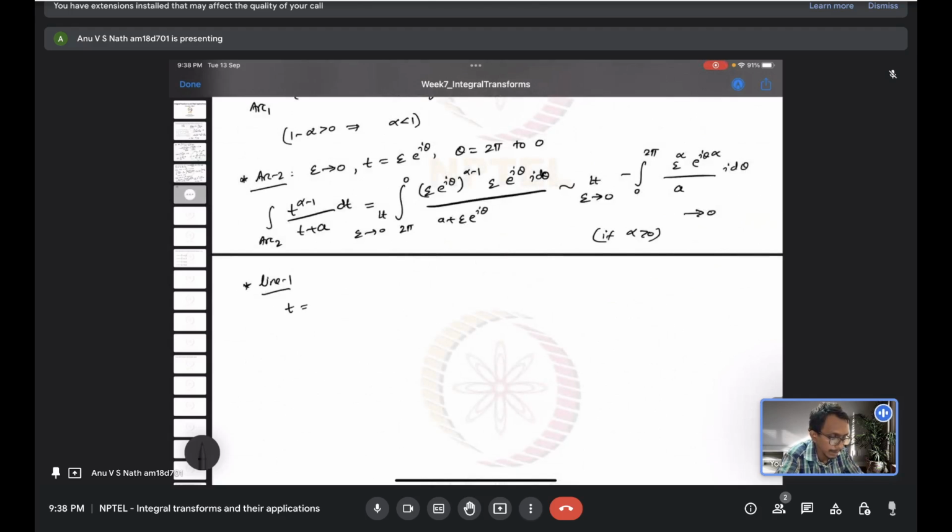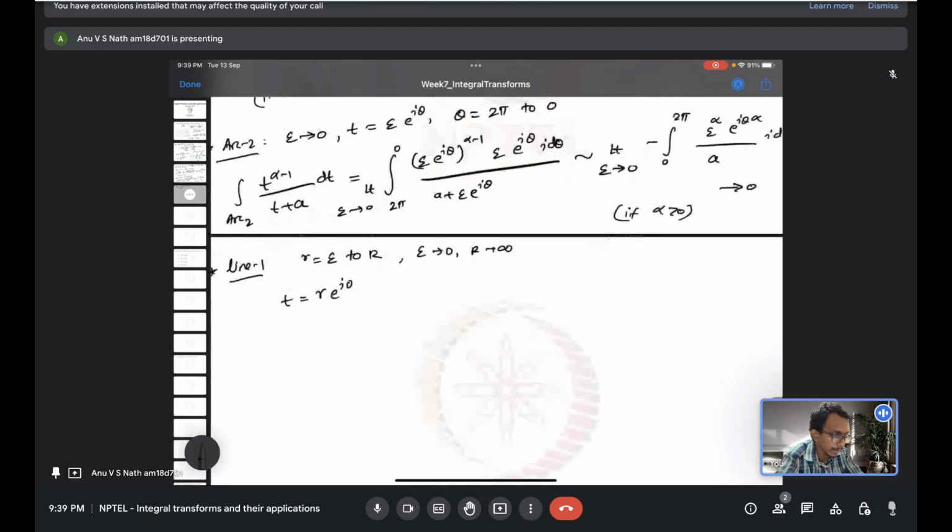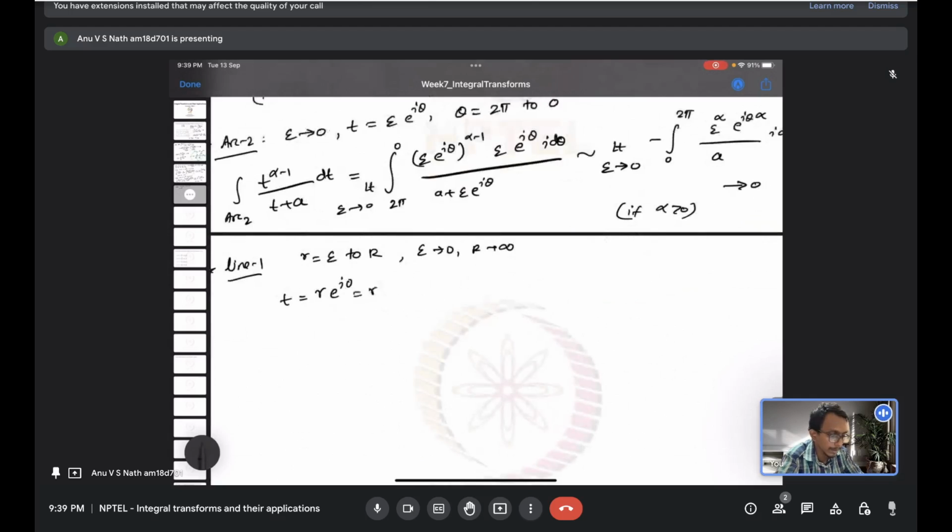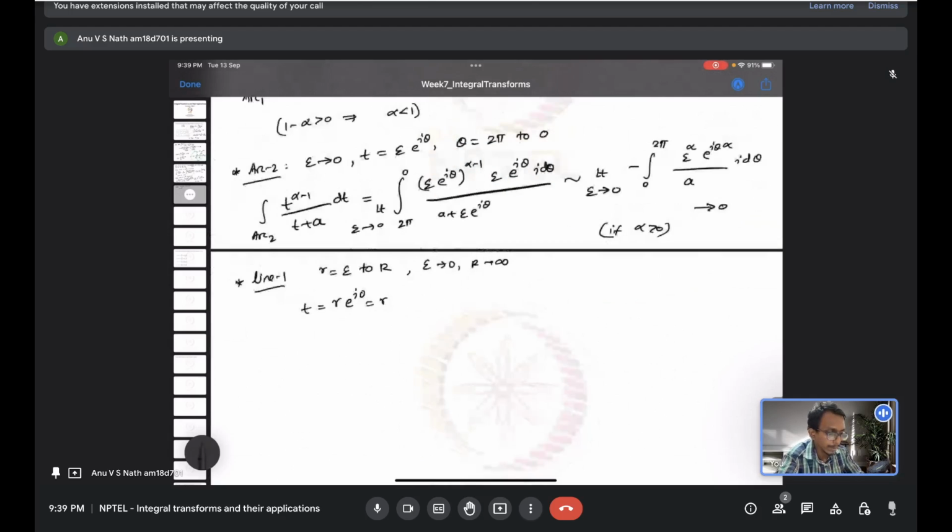t is r, or let's say x itself. Let's say r itself. r is a number which is going from epsilon to r. Epsilon is tending to 0, r is tending to infinity. So t is actually r, which is approaching the real axis from the positive side. So it's r e raised to i theta, but theta is 0, which is actually equal to r itself. When we go to line 2, you will see a difference. That's why I mentioned this here.